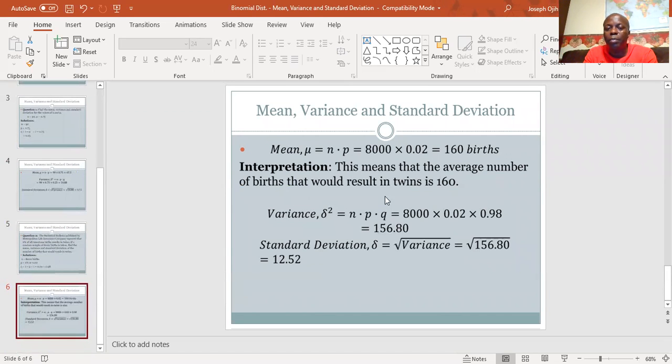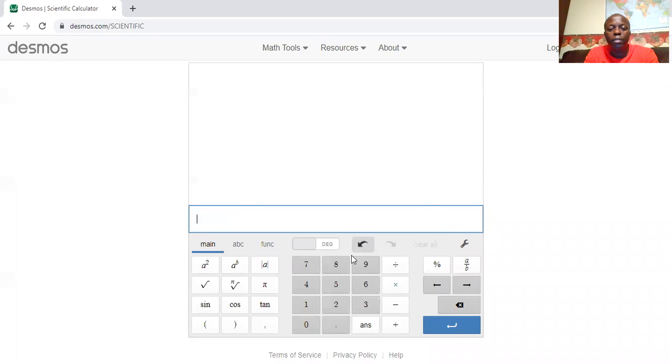We're ready to calculate the mean. Mean is n times p, which is 8,000 times 0.02. I can show you this using Desmos. 8,000 times 0.02 gives 160 pets.